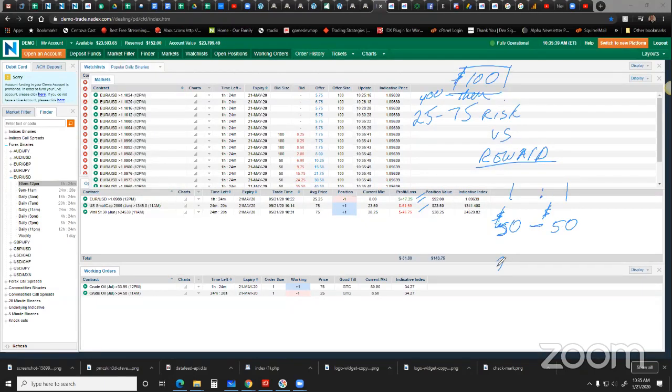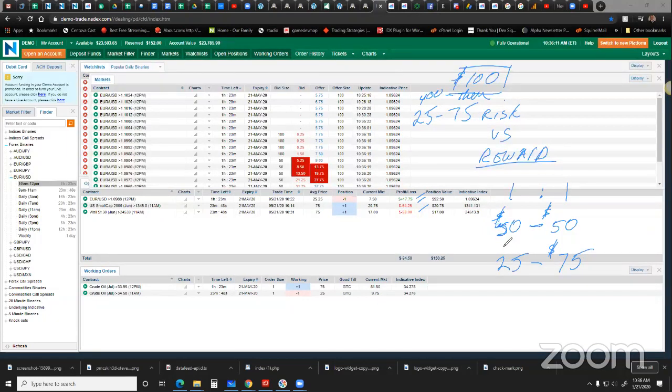If I'm risking 25 and he's risking 75, if I'm going to win 25 and he's going to lose 75, so I would win this and he would lose this, right?